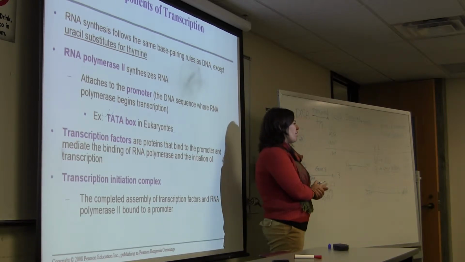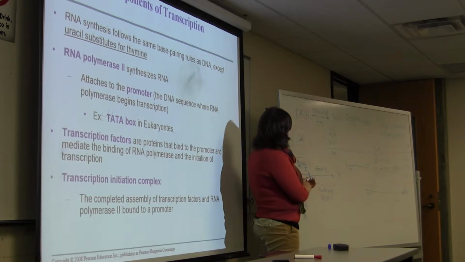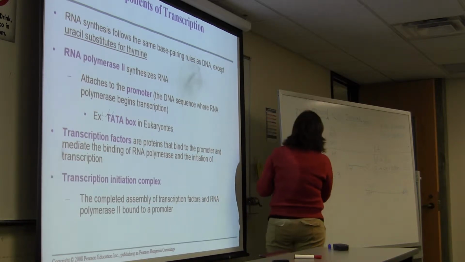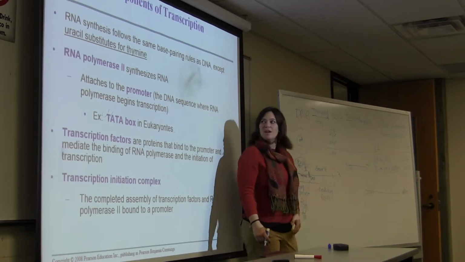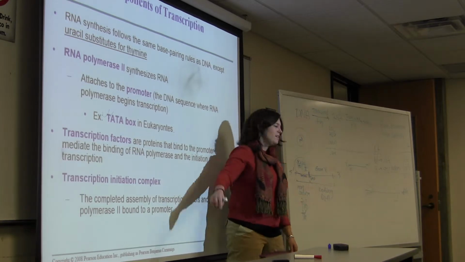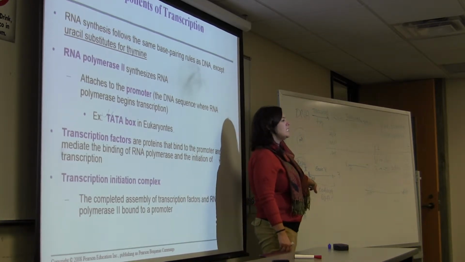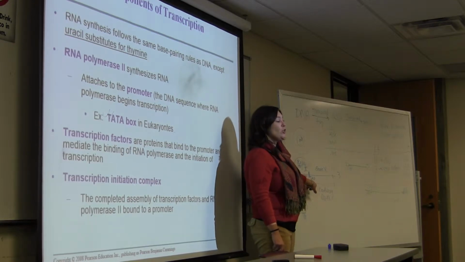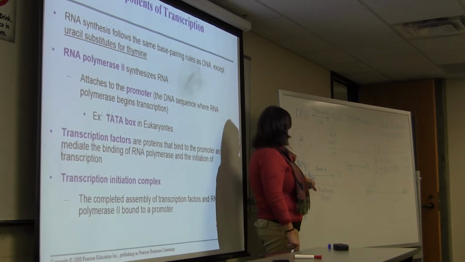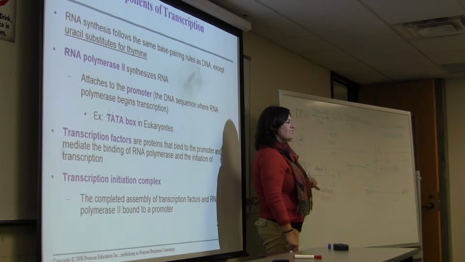And so the way that we get around that is through a region of the promoter, and that region of the promoter is called the TATA box because it's made up of a few nucleotides that are T and A. So every single promoter, every single human promoter anyways, has a TATA box.